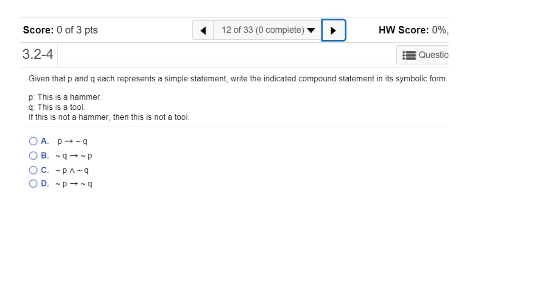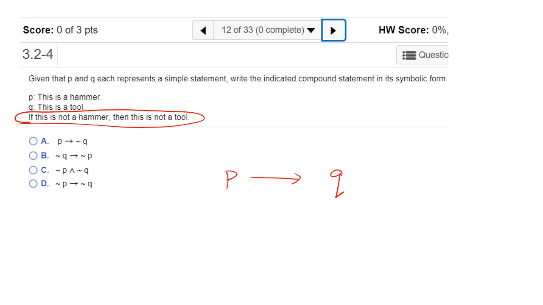For question 12, we have a P and Q statement, and we need to symbolically rewrite this statement. If this is not a hammer, then this is not a tool. Several things occur here. First off, it's an if-then statement, so I need the one-sided arrow. The hammer is mentioned first. That is statement P. The tool is mentioned second.